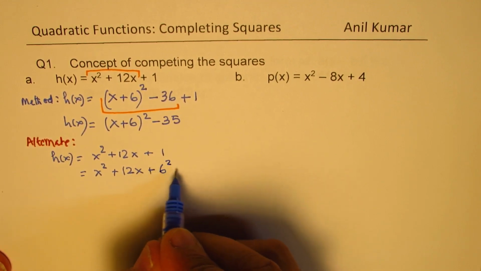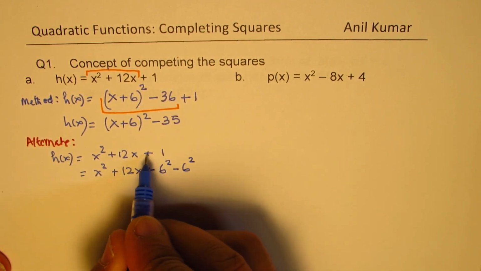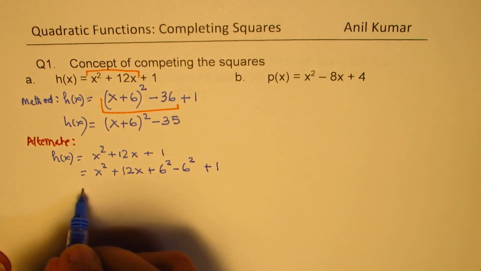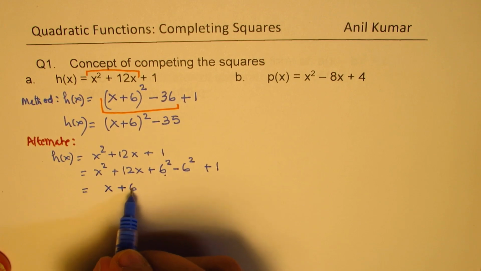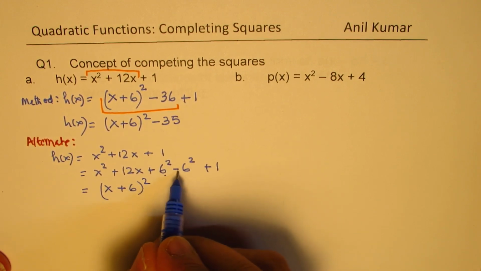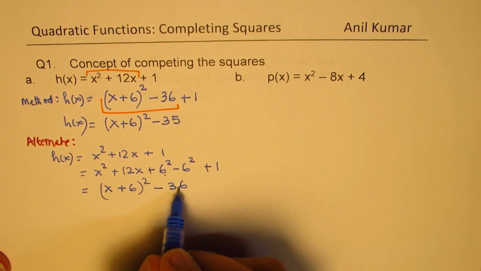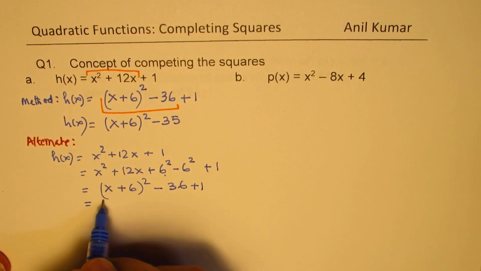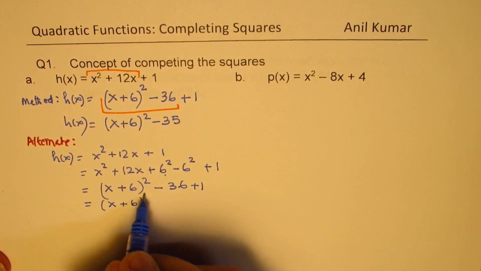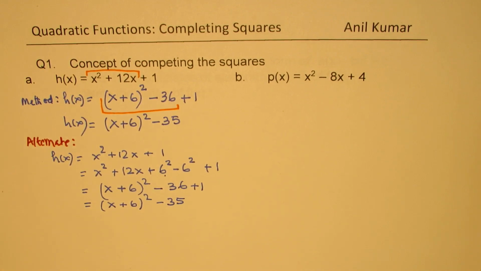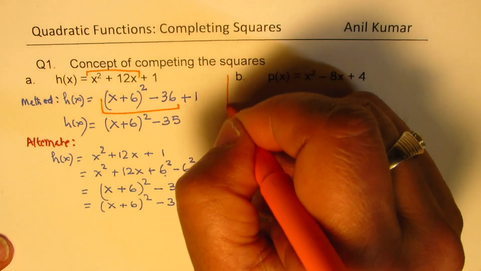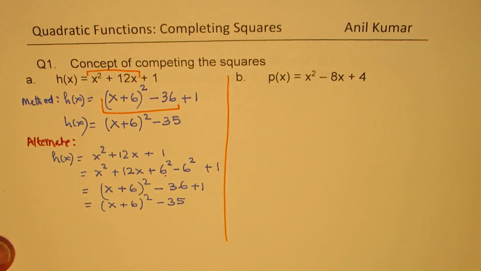So we add 6 squared and we subtract 6 squared. We keep that one aside. So these three terms form a perfect square, (x plus 6) whole square. And we have minus 6 squared, which is minus 36 plus 1, and then you could write this as (x plus 6) whole square minus 35. Is that clear to you? So that is the alternate method. Perfect. So both methods are good enough. You could adopt any one of them.